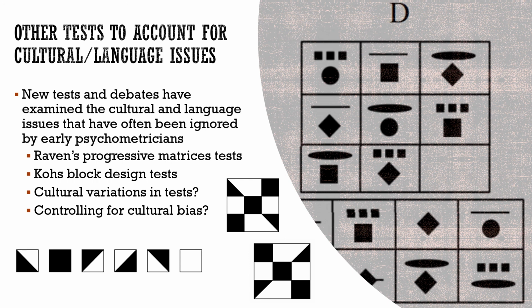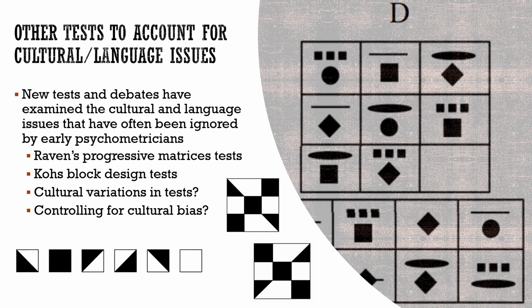But as a whole, most people have argued that this, in addition to things like the Kohs block design test, which you see listed in the lower left-hand corner, where you're given blocks and have to recreate images, at least allow us to try to diminish some of the cultural and education biases that are inherent within a lot of our more traditional tests for intelligence that we've devised.